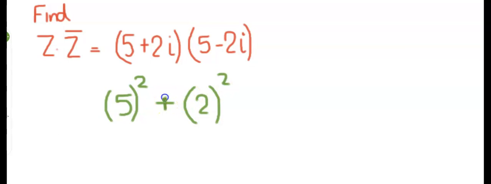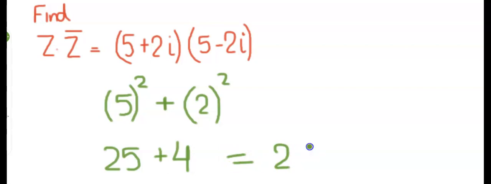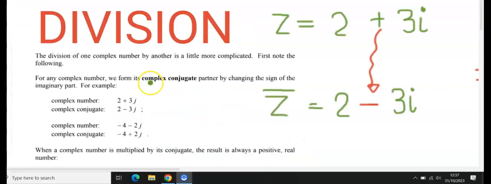Here you always put a positive, not negative, positive, because there's an i already. So then do that one. 25 plus 4 is 29. That's your answer.